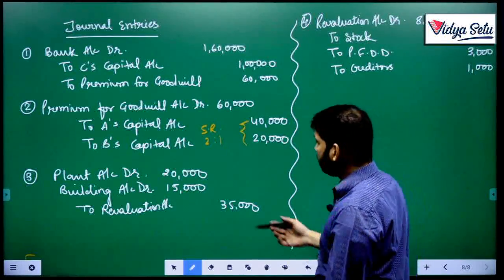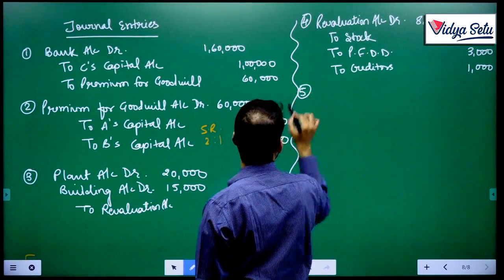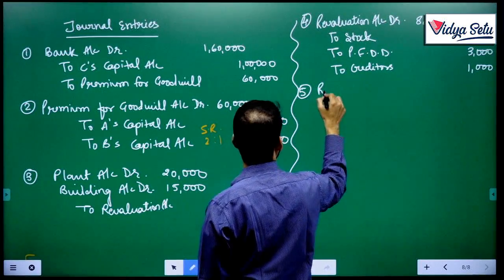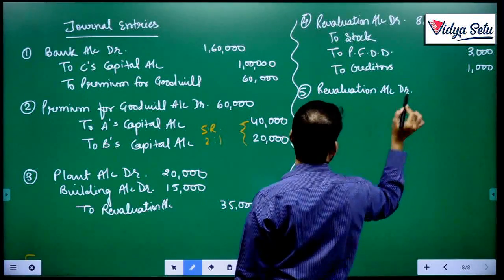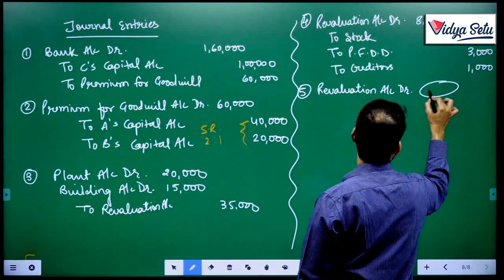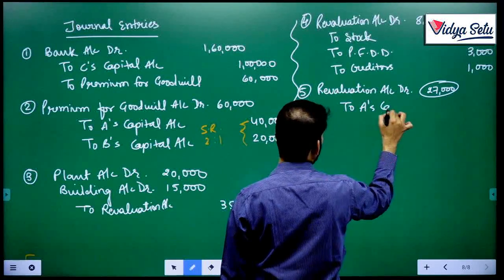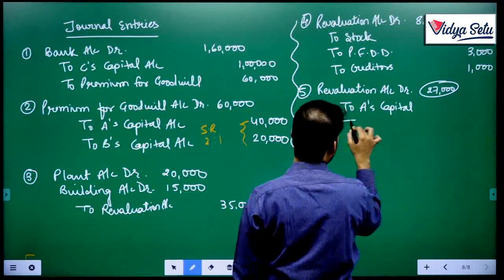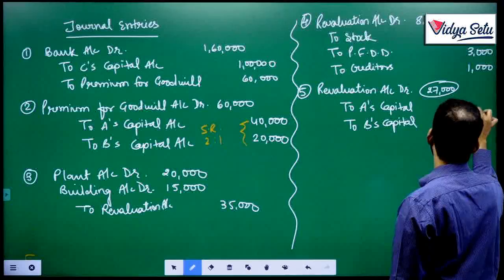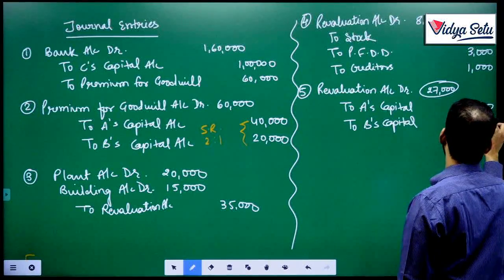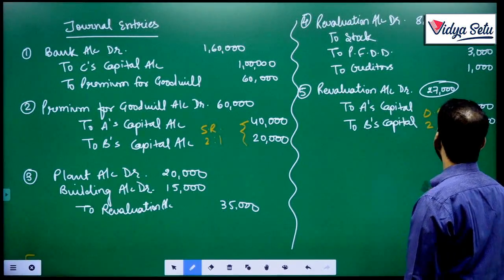We can see credit 35, debit 8, the account is not equal, so debit is less and we need to debit it more. Revaluation account debit the balancing figure of 27,000, and this profit will go to A's capital and B's capital to the extent of 18,000 and 9,000. What is this? This is the old ratio of 2:1.